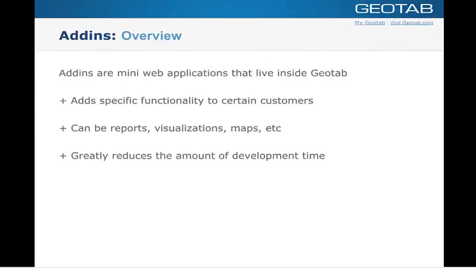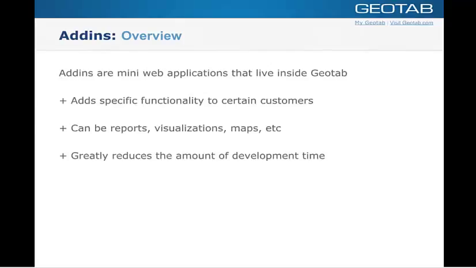While there may not be a direct feature in the Geotab software right now, add-ins are a way for us to say, well, you would do it this way. So we can add specific functionality to individual customers without confusing somebody that doesn't use the functionality and cluttering it with unused things.